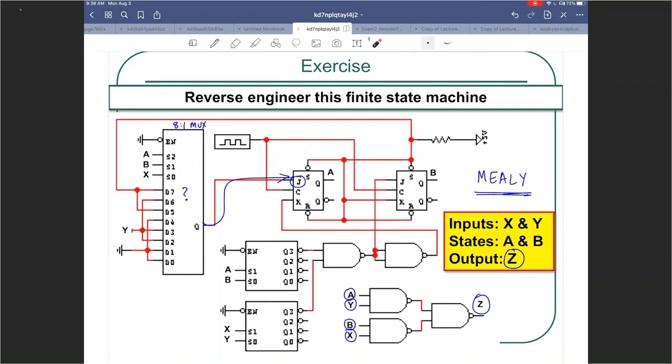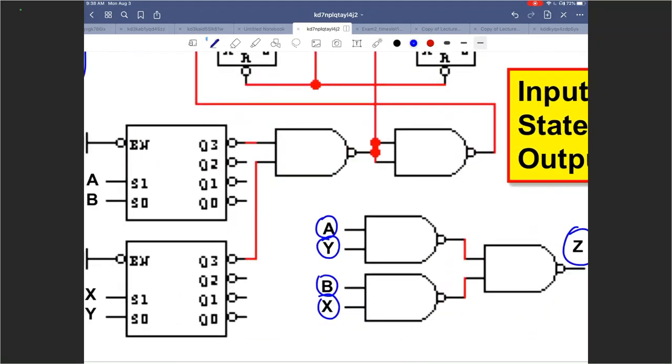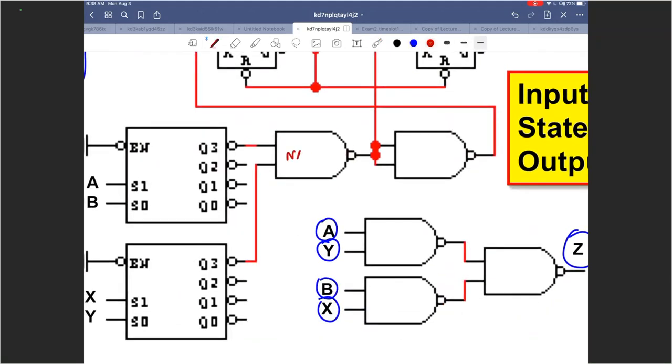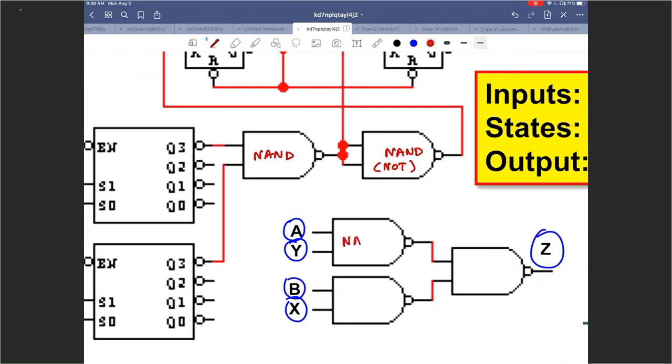So once you write the equation, using the mux, you are able to write the equation here, right? And then there are many other gates here. So let me write the gates here. This is a NAND, this is a NAND, which both the inputs are tied together, so it's effectively functioning as NOT here. This is also a NAND, this is also a NAND, also a NAND.